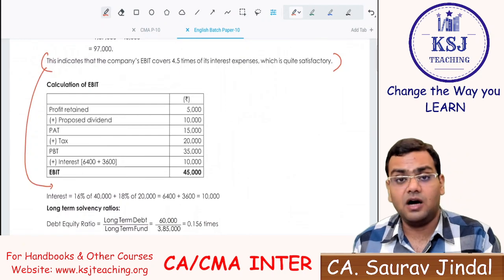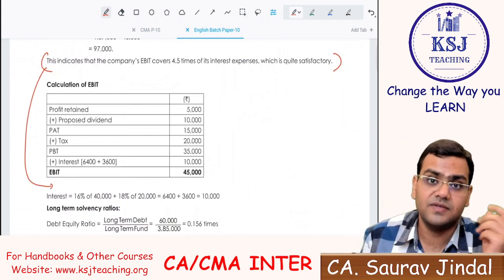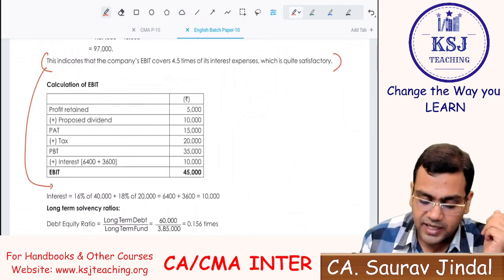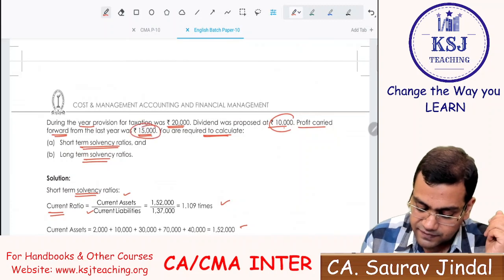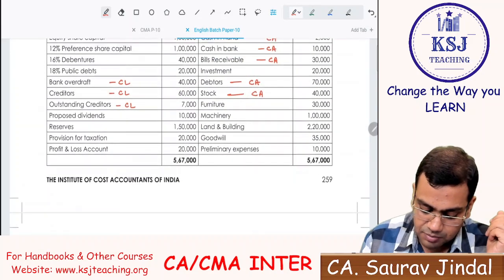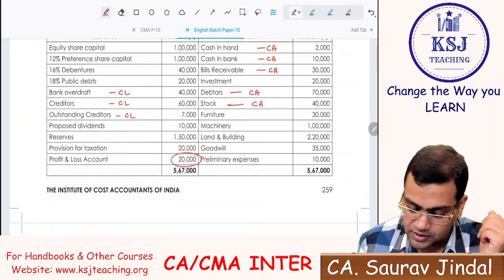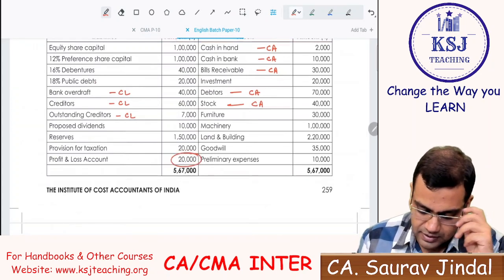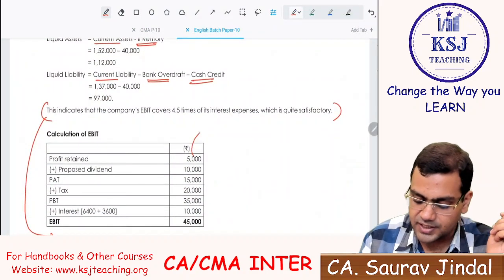Now he says what is your EBIT? He says profit retained is 5,000. How has this profit retention been calculated?